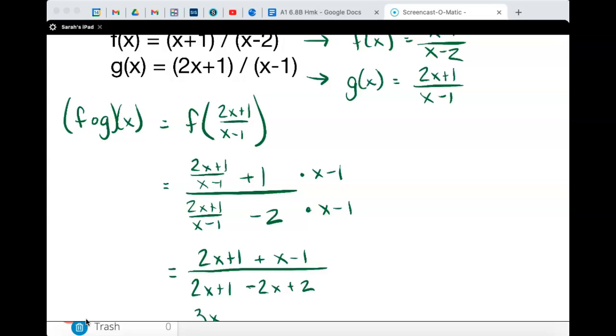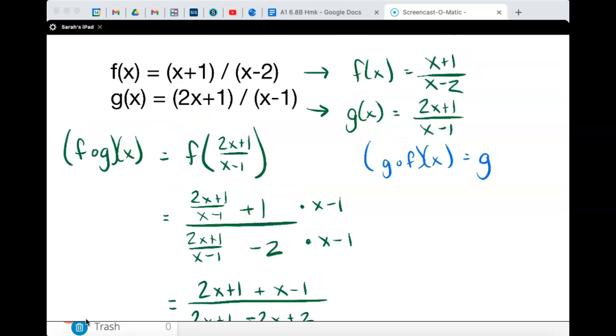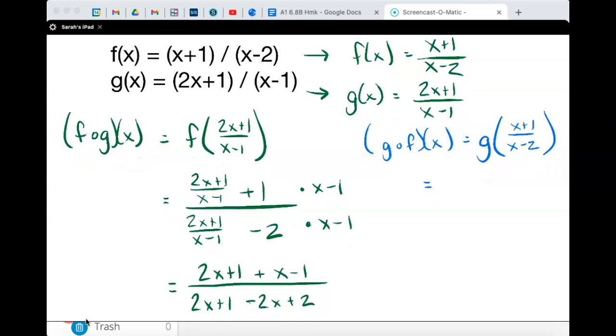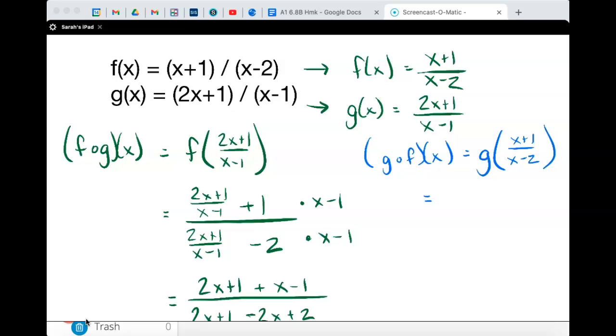So going the opposite way, g of f of x. Same thing, we're just plugging f of x into the g function.